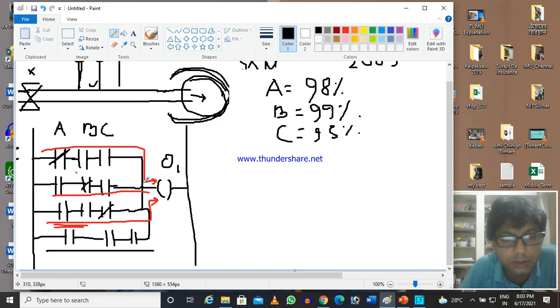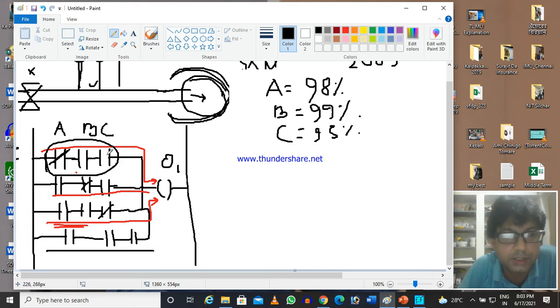Now you can find out the failure of this rung. So in this rung, if A has failed, the other two will take care.